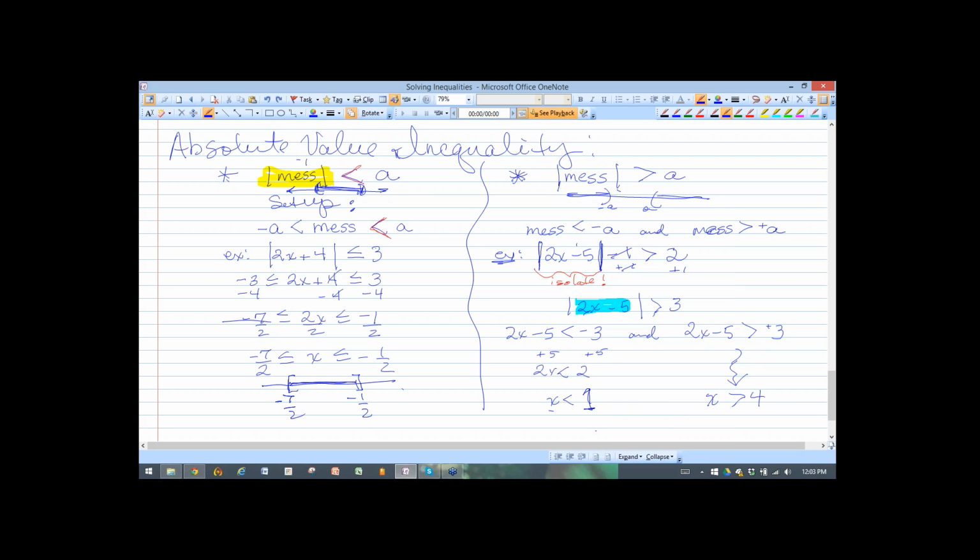Here, this is what happens: we're going to exclude with parentheses. X can be less than 1, so shade less than 1. And here's 4. X is greater than 4.